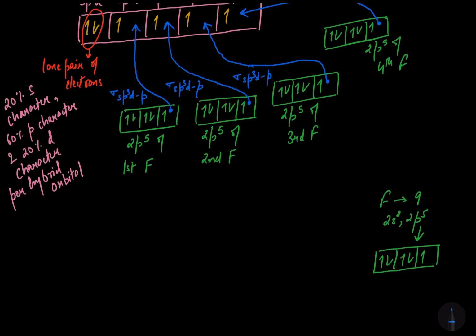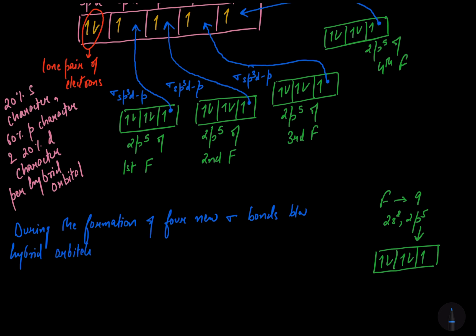So I am writing: during the formation of 4 new sigma bonds between hybrid orbitals of sulfur and atomic orbitals of fluorine, there is a release of energy, or a liberation of energy.